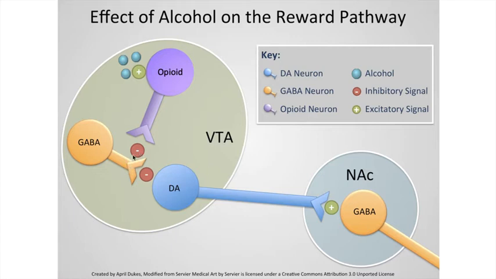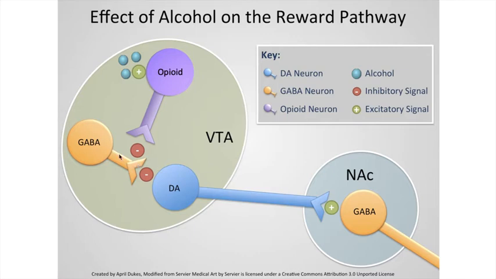By inhibiting the release of GABA, that removes inhibition of the dopamine system, and that allows dopamine to release more into the nucleus accumbens. So this is similar to what we talked about with benzodiazepines, right? The mechanism of reinforcement is through disinhibition of the dopamine system.